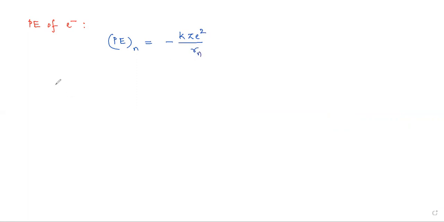Let us take it as Rn. Minus k z e square by radius of nth orbit, n square h square by 4 pi square m k z e square. Right.